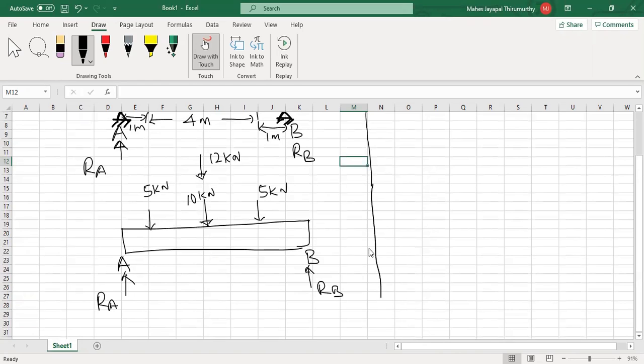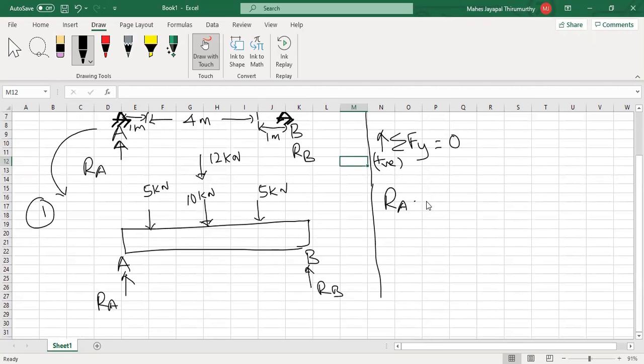Okay, so like this, as the first step you have to convert everything into the proper form. Now sigma Fy equals 0, and I assume that going up is positive.